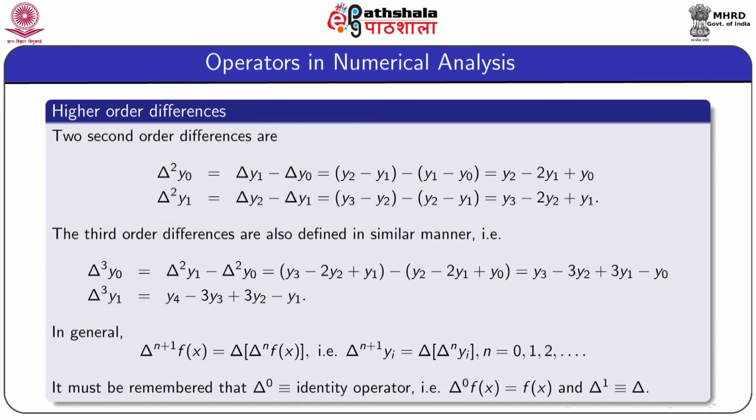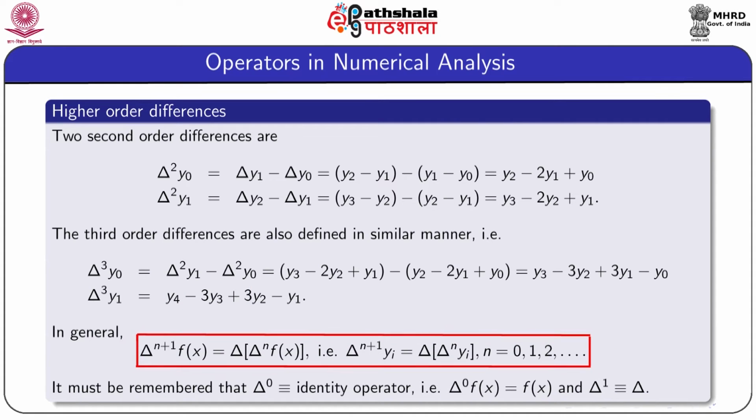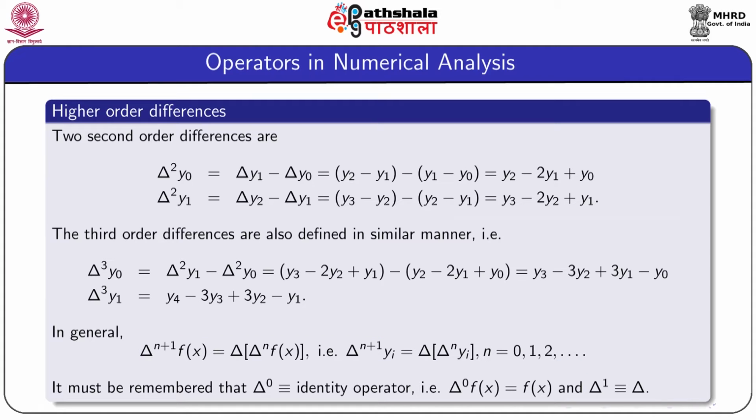In general, delta power n plus 1 f of x equal to delta of delta n f of x, that is, in terms of ordinates, delta power n plus 1 y_i equal to delta of delta n y_i, and this is true for all n equal to 0, 1, 2 and so on. In particular, delta 0 represents the identity operator, that means delta 0 f x equal to f x, and delta 1 is equivalent to the operator delta.